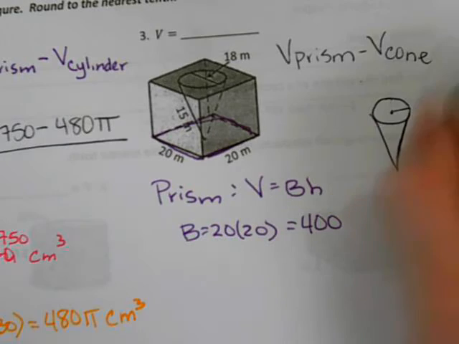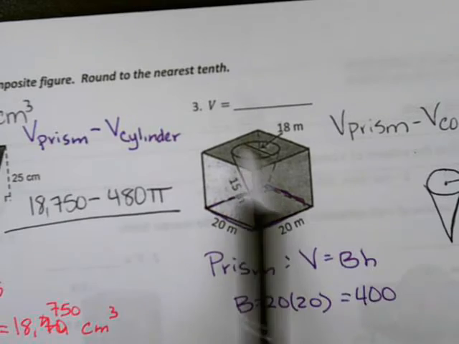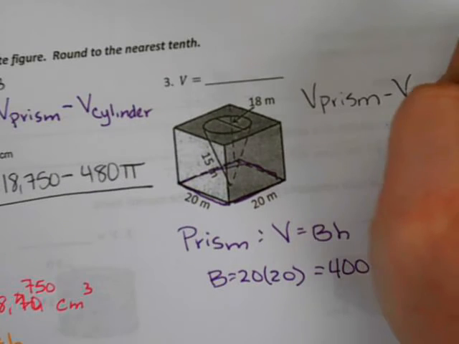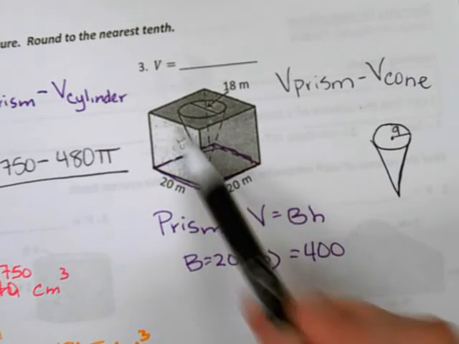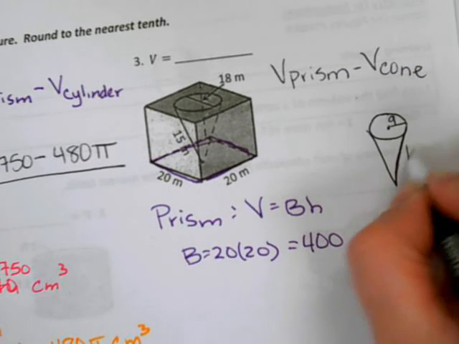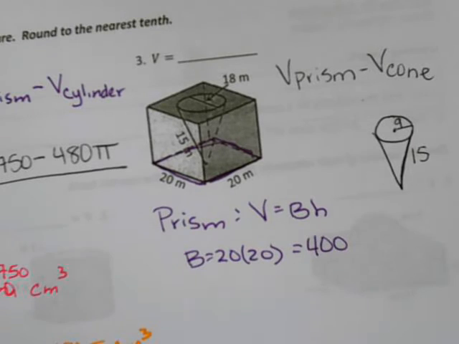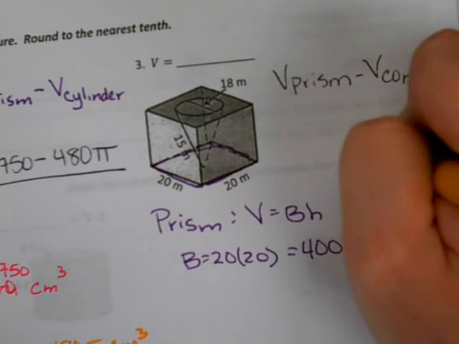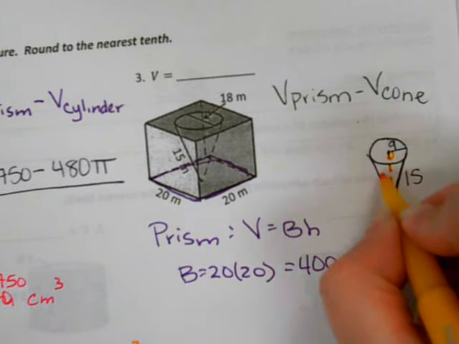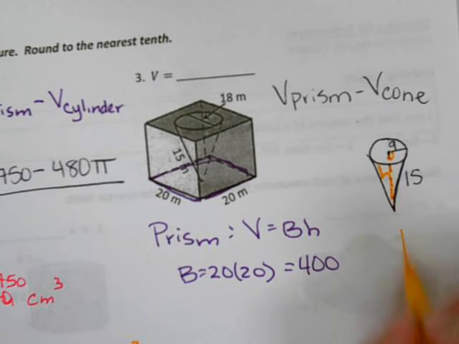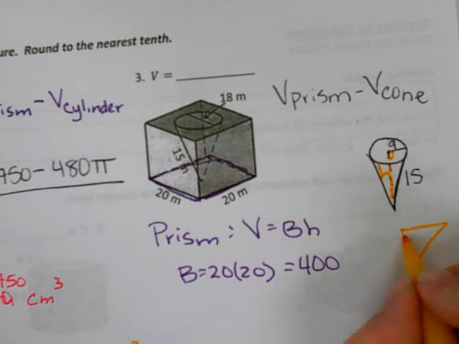So there's our cone. It tells us that the diameter is 18, which means that the radius is 9. And it tells us that this slant height here is 15. So if we draw in that height there, that yellow height is perpendicular, and we need to find it. So I'm going to draw that triangle a little bit easier for us to see.